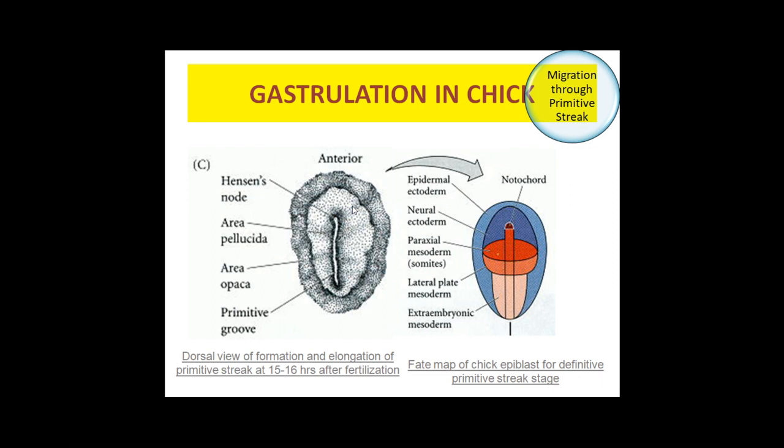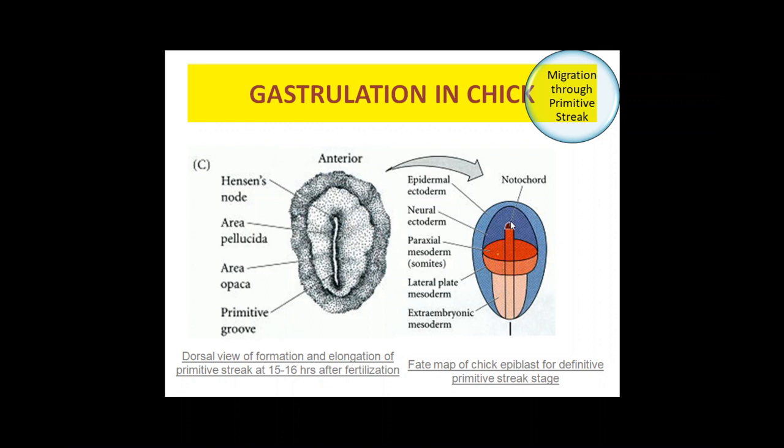The next step is migration through the primitive streak. Along with lengthening of primitive streak, migration of cells starts through the streak. The second figure here shows the fate map of chick epiblast for the definitive primitive streak stage. The movement of mesodermal precursors through the primitive streak is shown here.